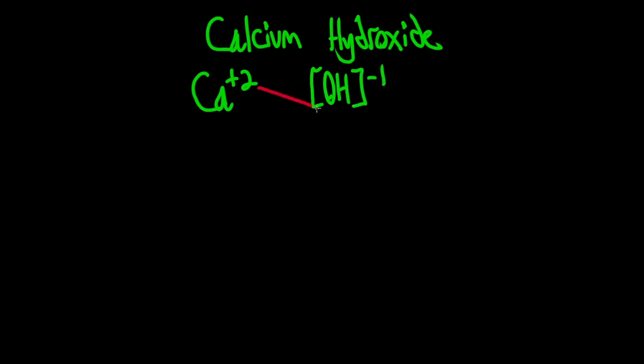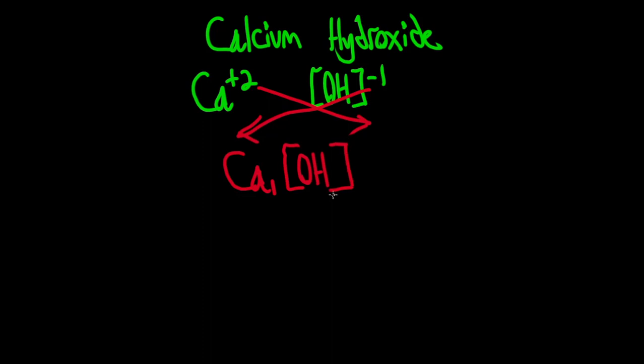So I do my crisscross, and I get Ca 1. I don't have to write that 1, it can be assumed. I'm going to have my OH with a 2 out there, okay? And I have to keep that 2 applied to this whole OH complex, okay?